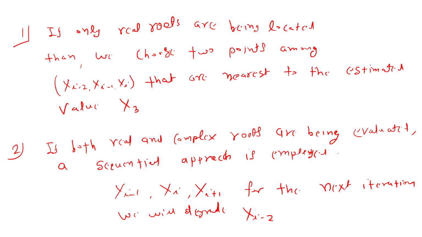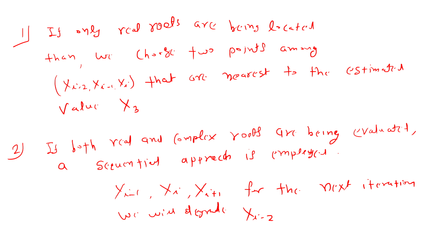But if we are looking for the real as well as complex roots, then we will go in sequential manner. So we will degrade xi minus 2 and then we will go with xi minus 1, xi and xi plus 1 as an initial guess for the next iteration.